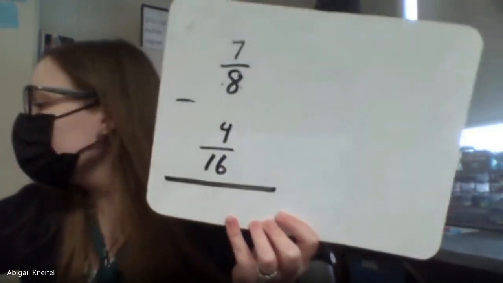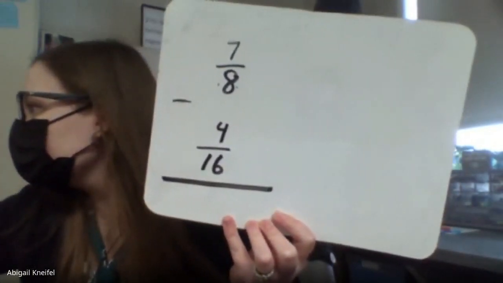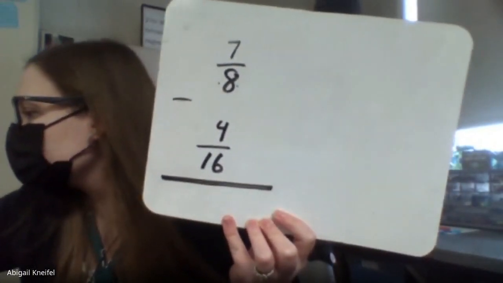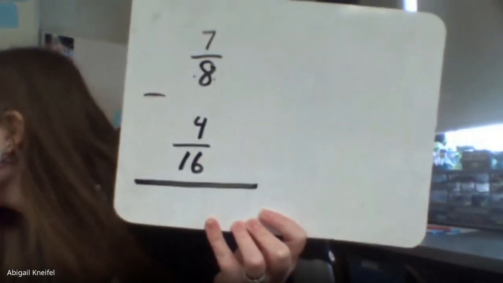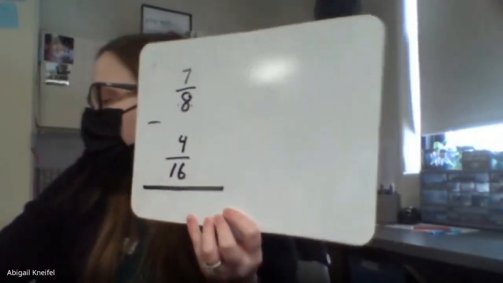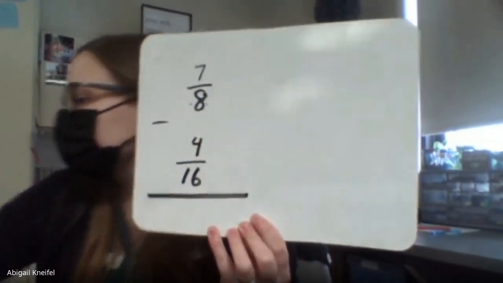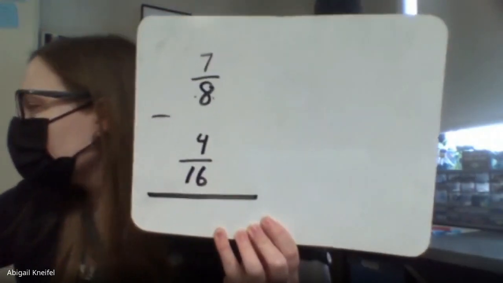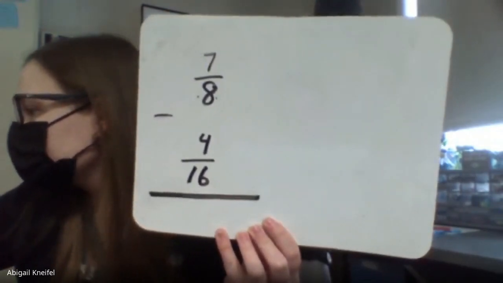So this number is going to be what you're subtracting from because it's the number on top. So this number has to be before that number. You cannot write 4/16 and then that one on the side. That would make no sense. Find your common denominator first. That is your first step. Okay. So this one is going to be the one you're taking away from because it's going to be bigger.